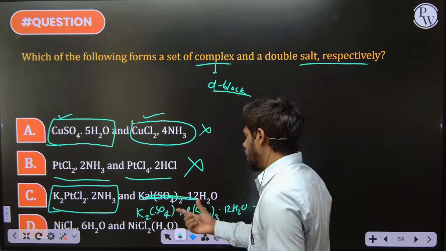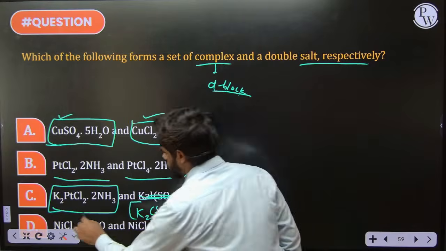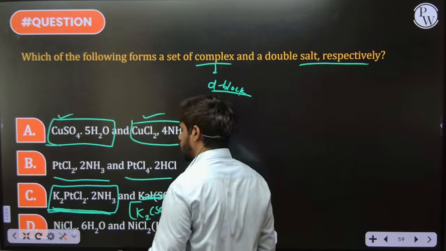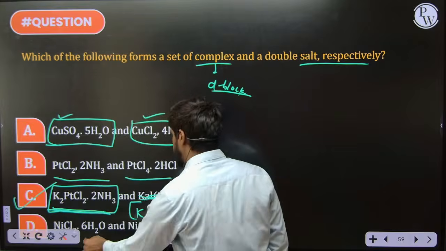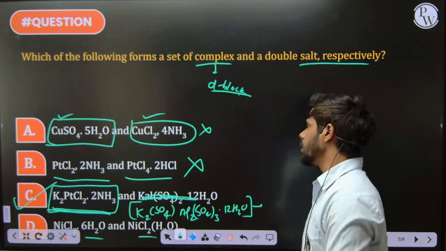This is a salt, which we know is a double salt, and the other can form a complex. So our option C is correct. And the next one given is nickel and nickel, which can form what complex.